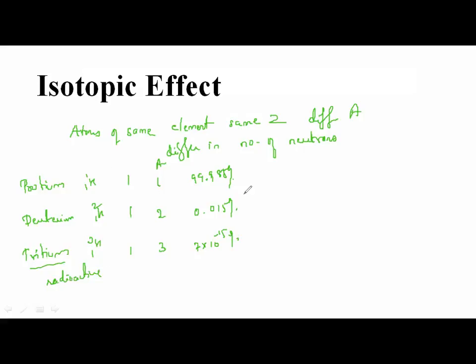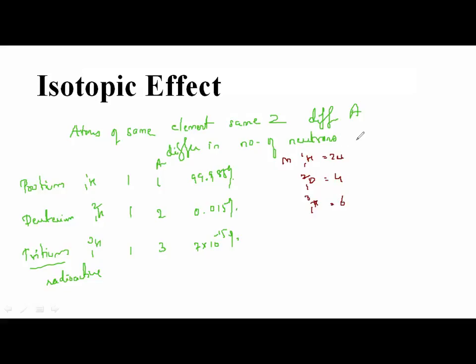If you look at the physical constants of protium, deuterium, and tritium, molecular mass of protium is 2.016, which we take as 2 unified mass. Deuterium, 1D2, it is 4. Tritium, 1T3, it is 6.